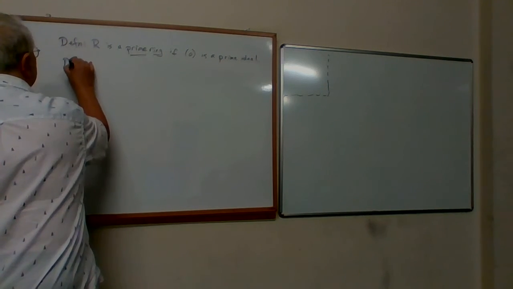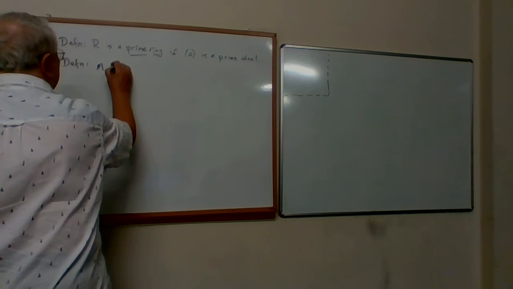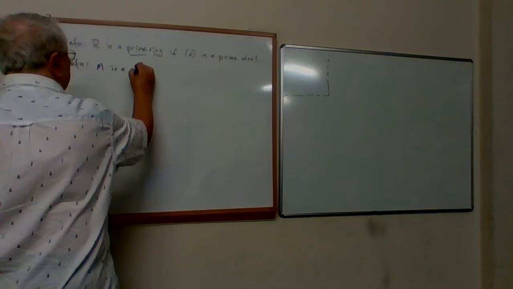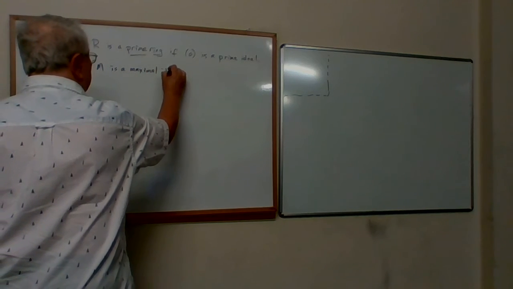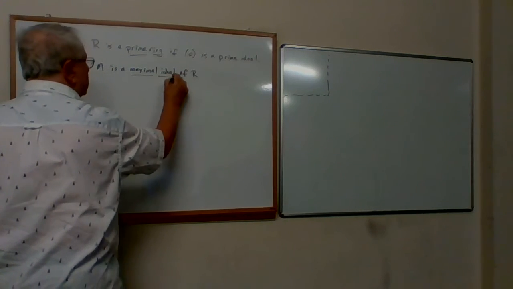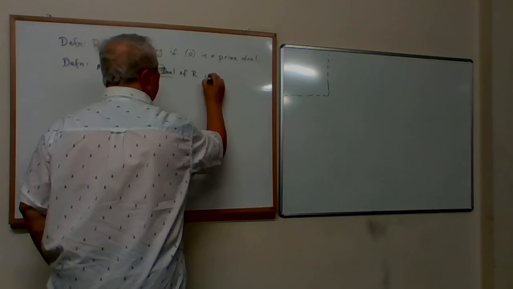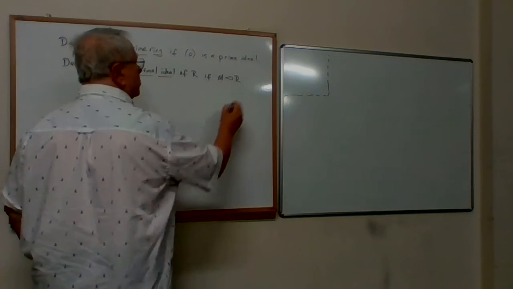So definition: M is a maximal ideal of R if, of course, M is an ideal of R. It'd be kind of boring if that's not true.